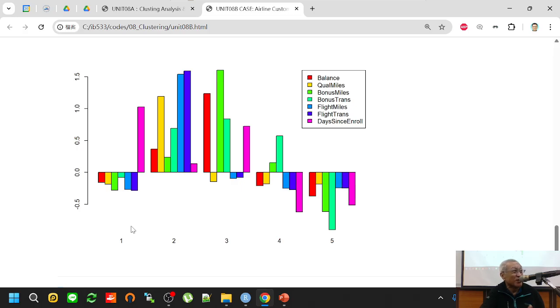For example, if you simply group them by age, different people of the same age can have different behavior, right? Isn't it? It's not easy for you to design a campaign, right? But when you cluster your customers according to their behavior and preference, it makes it easier to leverage that, right?